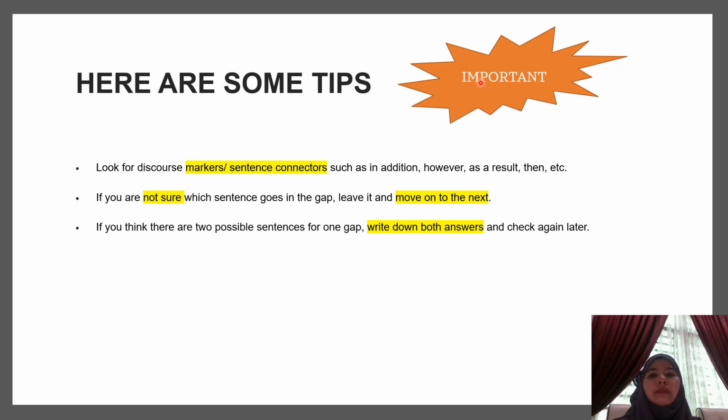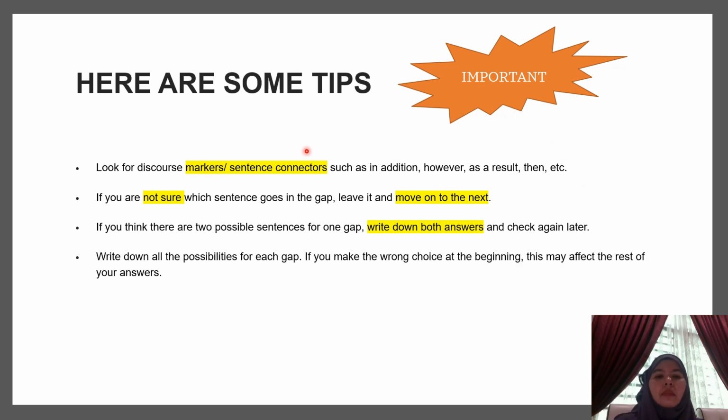Okay, next, you write down all the possibilities for each gap. The keyword here is write down. You need to write down the possibilities for each gap. If you make the wrong choice at the beginning, this may affect the rest of your answers.